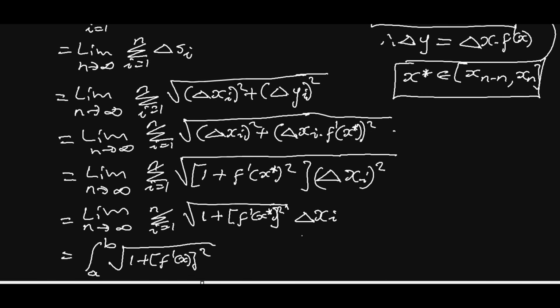Now with the integration sign, the delta will go away, and the i will go away because i is for discrete values, and we are changing to continuous. So this star will also go away, and we just have f prime of x. The delta will be replaced by just a dx.